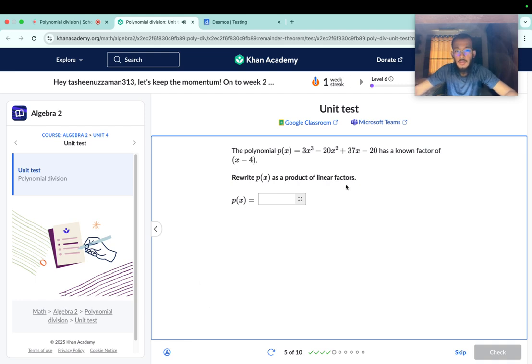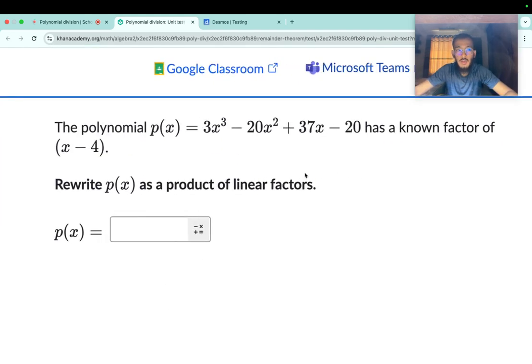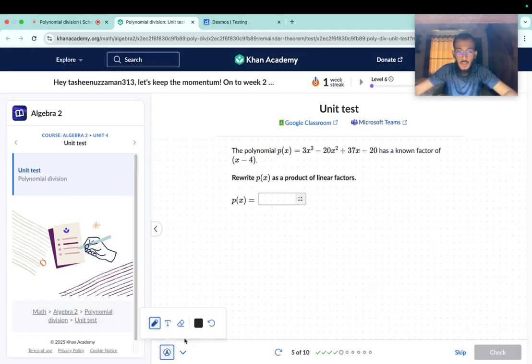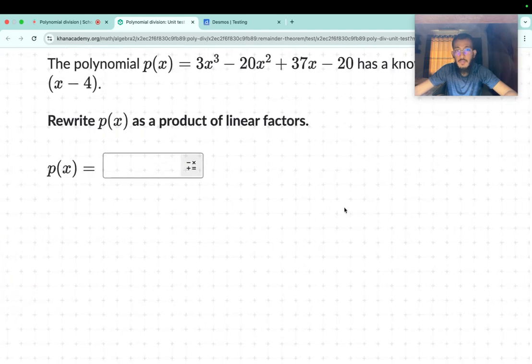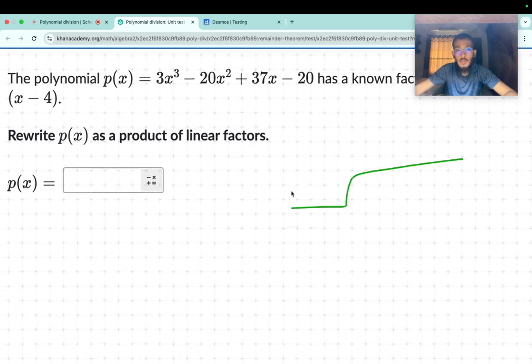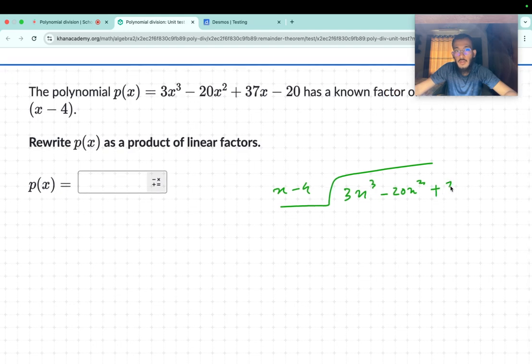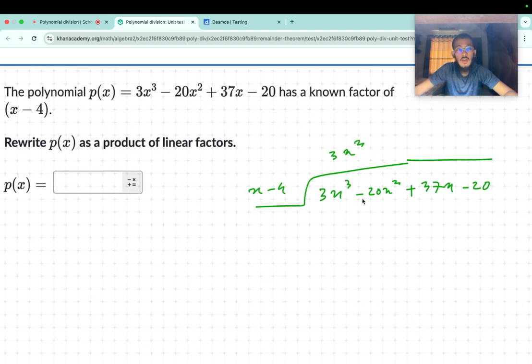All right, the polynomial p of x is a cubic, has a known factor again, so we have to do the long division again. We want to divide 3x cubed negative 20x squared positive 37x negative 20 with x minus 4. So let's start with 3x squared.